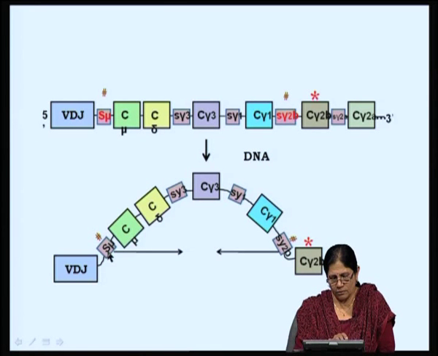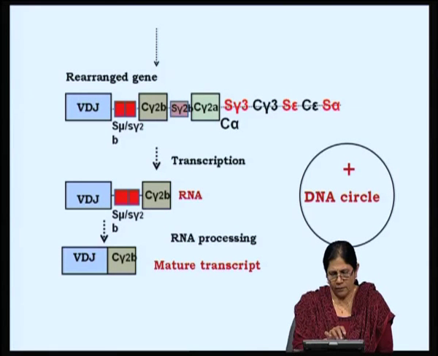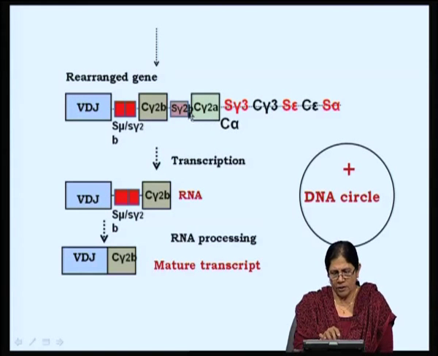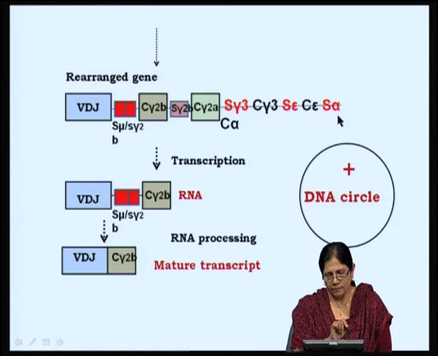Now, the S mu and the S gamma 2b, these two come together, they join, you can see, and this now becomes the rearranged gene again at the DNA level. The rest of the constant domain genes which come after gamma 2b still continue to be present.